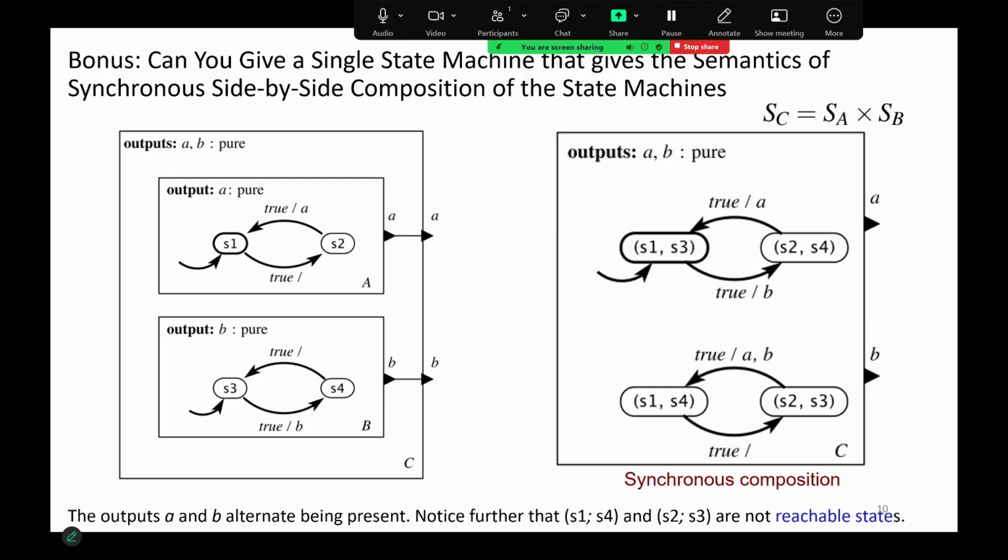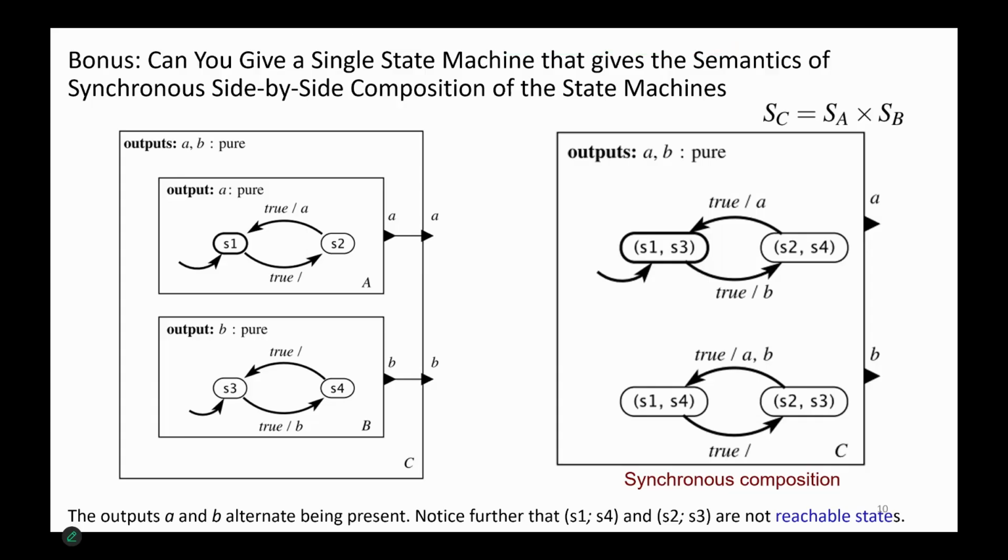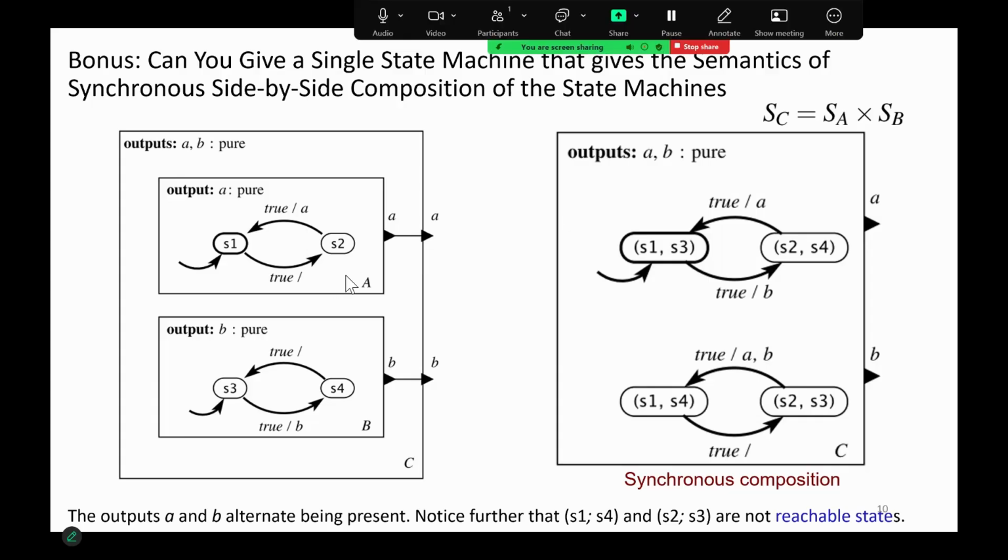It's still there is a tick, but the difference here is both of them should react simultaneously. Do you agree? So here I am at S1, S3, and both digits change at once.